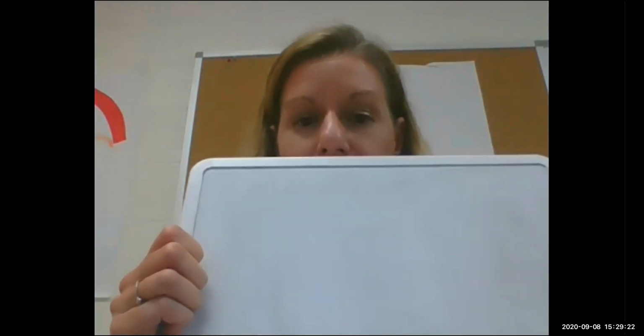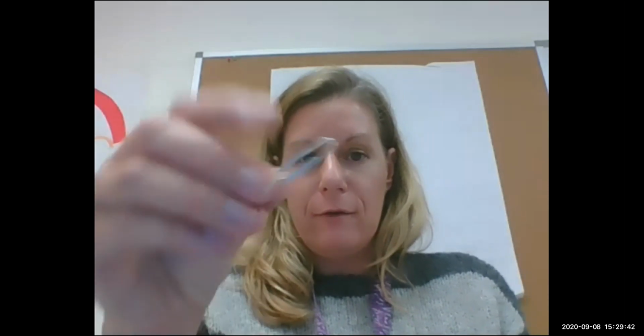What we're going to need is a sheet of paper, or just something to write on. I'm going to be using a whiteboard, but if you have a sheet of paper, that works. You're going to need a pencil. And if you have any little objects around to count, that would be helpful too. Like I have some paper clips that we're actually going to use.